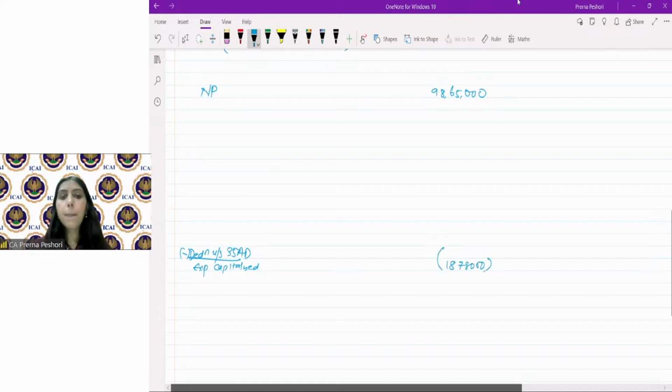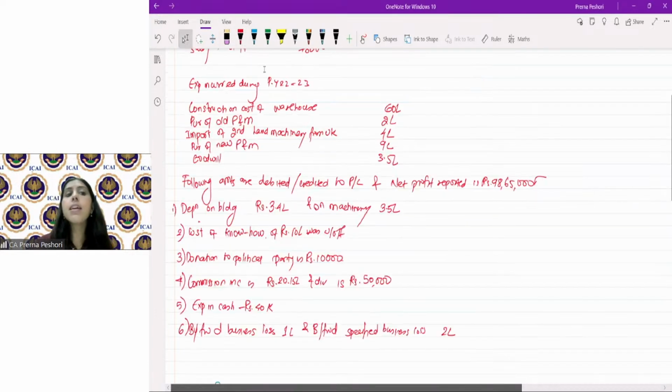Fine. Okay. Next, we move towards. So purchase cost of land, yes, not allowed as deduction, but everything else would be allowed as the deduction. So 18,78,000.